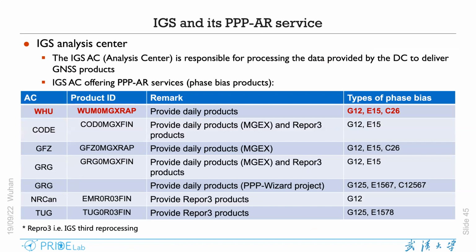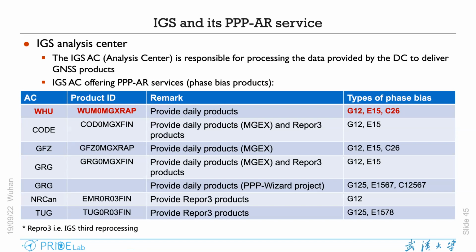These GNSS products include the orbits and the clocks, as well as the ERP, the Earth rotation parameters, and the troposphere products, as well as such phase-bias products here. The phase-bias products are very critical to the ambiguity resolution at a single station, which is enabled in PPP. We don't use any double differencing technique, and we use only the data from a single station to recover the integer property of ambiguities.